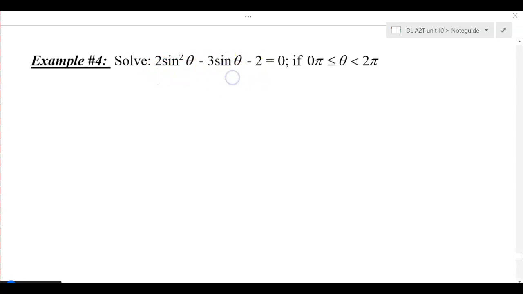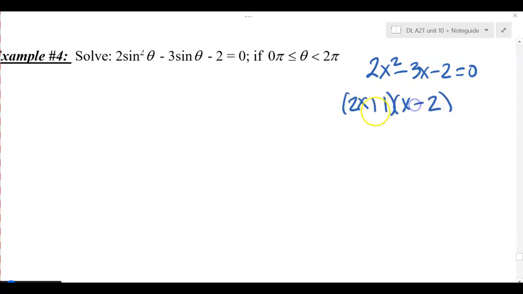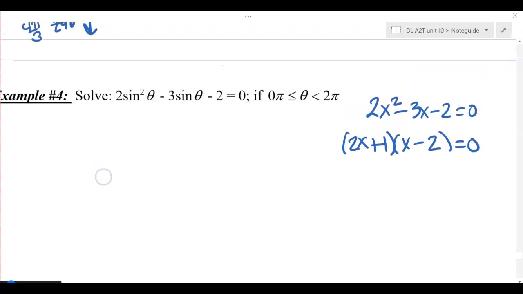So again, the way that I'm thinking about this is like I have 2x squared minus 3x minus 2. And again, how would that factor? The exact same way. So that's exactly what I'm thinking about here, except it's not x, it's sine theta.